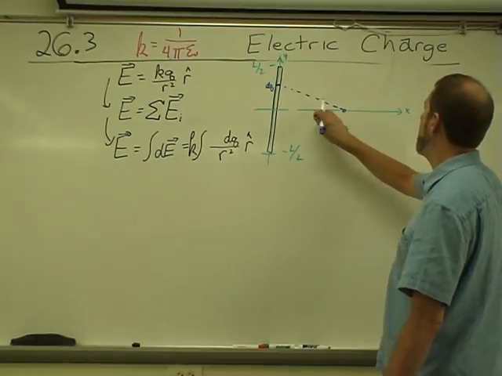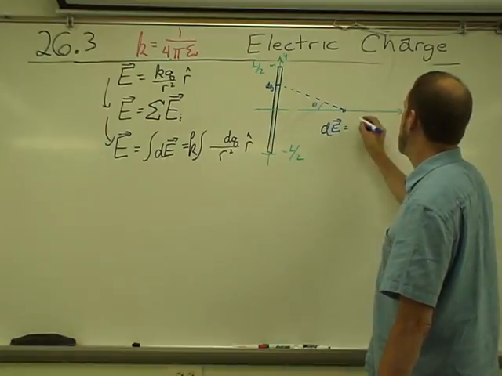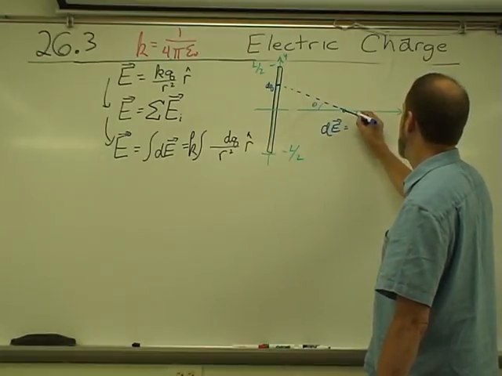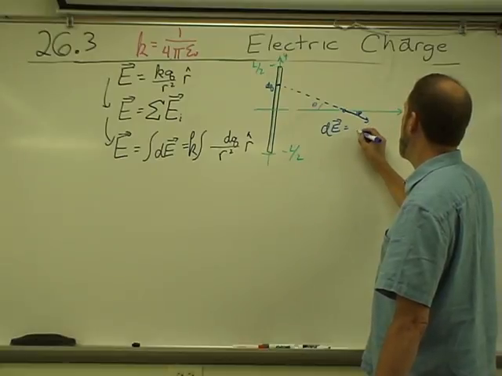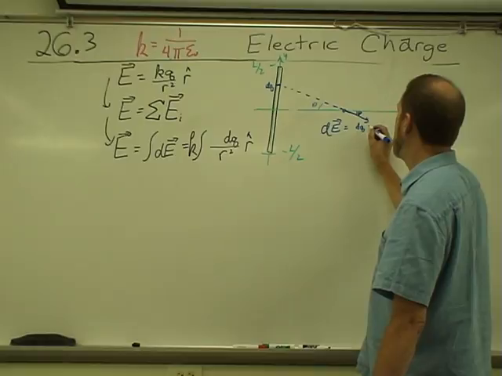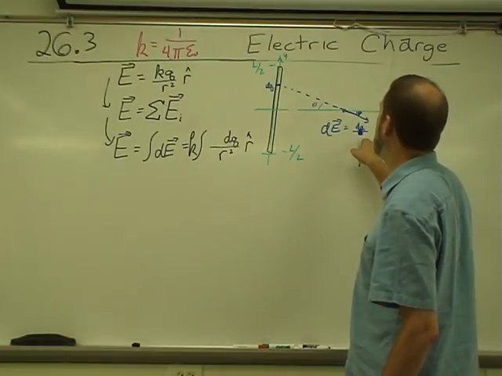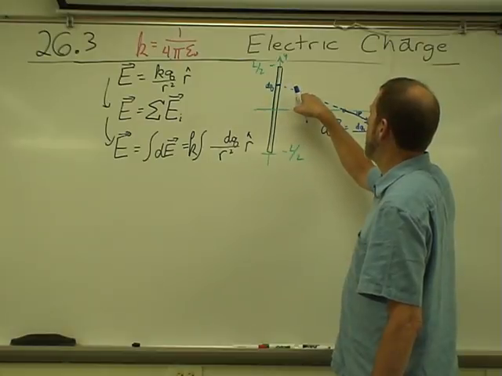if I put this in the x direction, and I call that angle theta, I'll get dq over r squared, which is this distance squared.